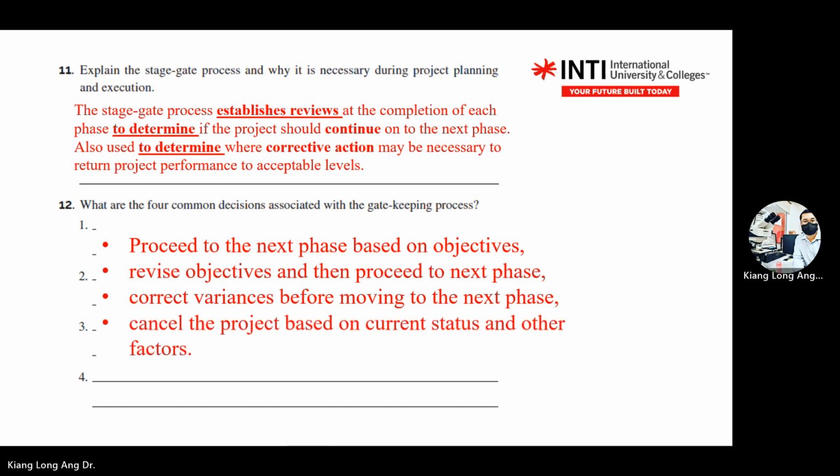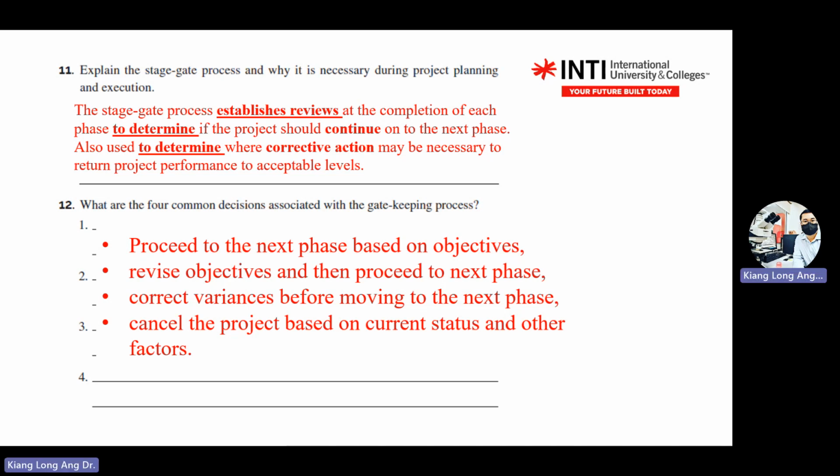Fourth, you cancel or you decide not to proceed. There was one question during the class: what is the hardest decision? When your project is cancelled at the last phase of the project.